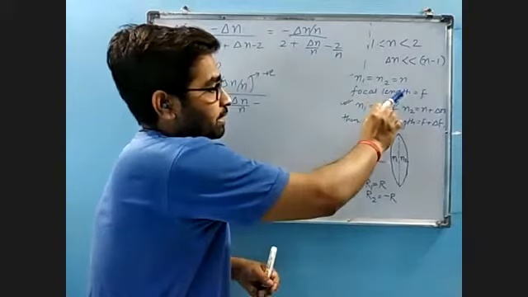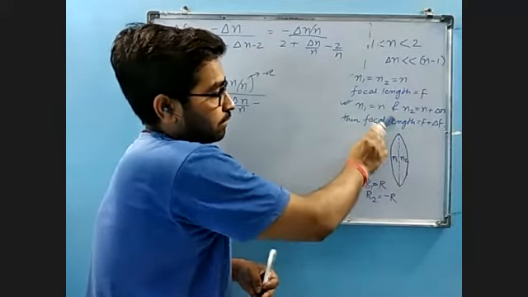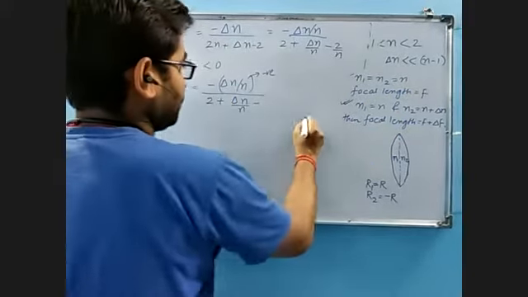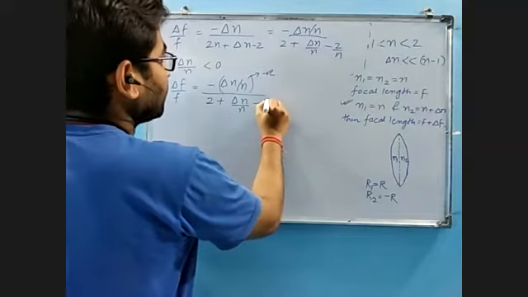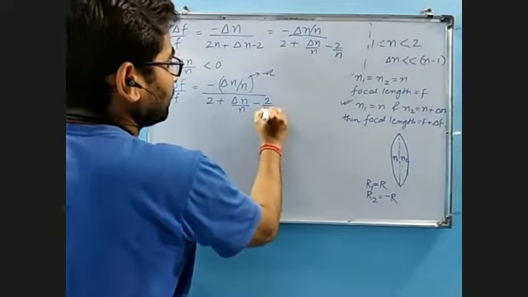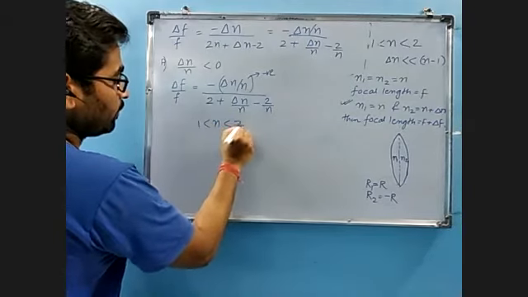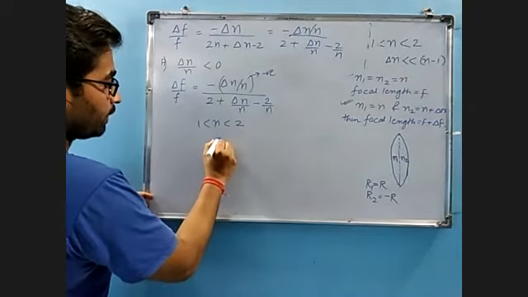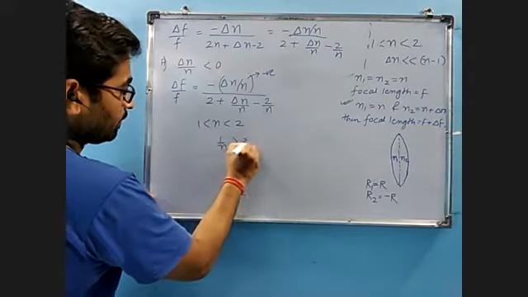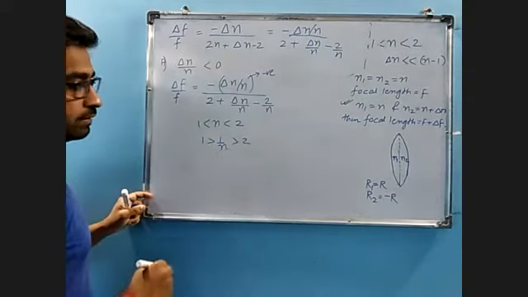Now the next part says, here it is, n by minus 2 by n. So you have the value of n between 1 and 2. So reciprocate it, we will get 1 upon n lies between 1 and 1 by 2.